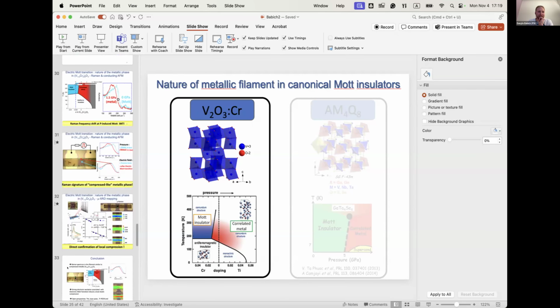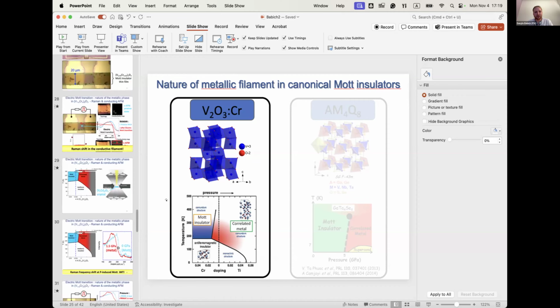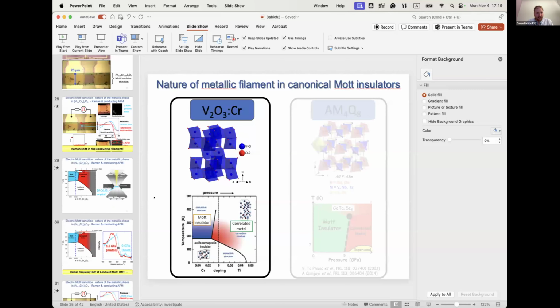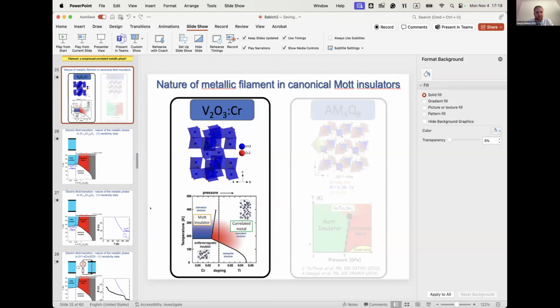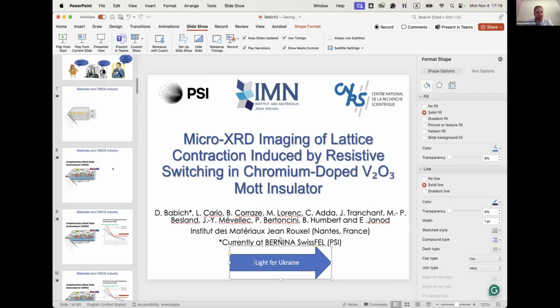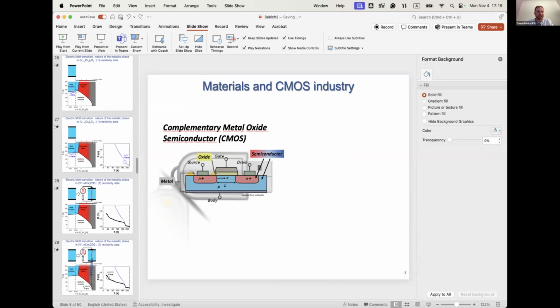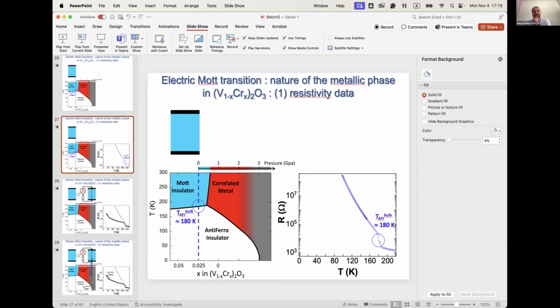For example, for vanadium oxide, we also tried to perform studies on crystals. Sorry, I just deleted the slides in order to keep time, so imagine now this is vanadium oxide. You are in the Mott insulator state, and you have a transition from the paramagnetic metal to the antiferromagnetic Mott insulator, which is quite characteristic.